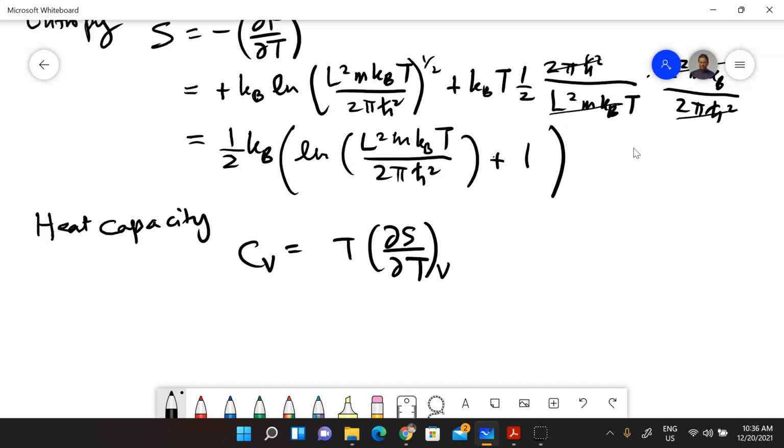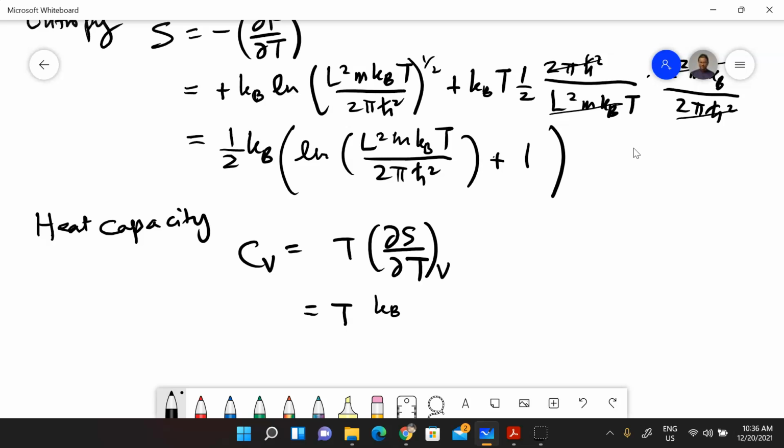We already have the expression for the entropy here, so you simply differentiate with respect to T. Remember we have that T outside.